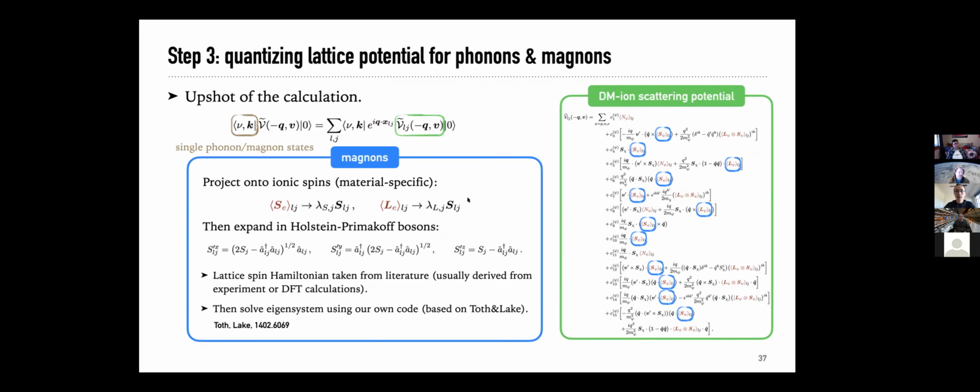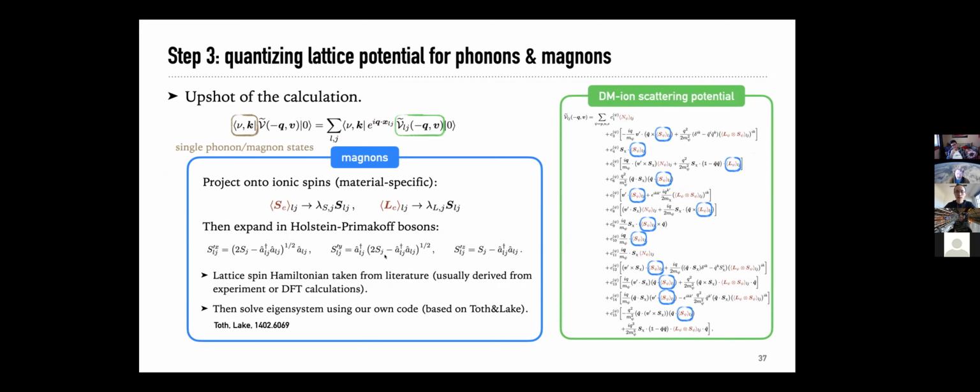And once we get the ionic spins, we expand them around the ground state using the Holstein-Primakoff transformation. So these A dagger and A are creation and annihilation operators for bosonic degrees of freedom. And from there, we can derive the Hamiltonian for these Holstein-Primakoff bosons.